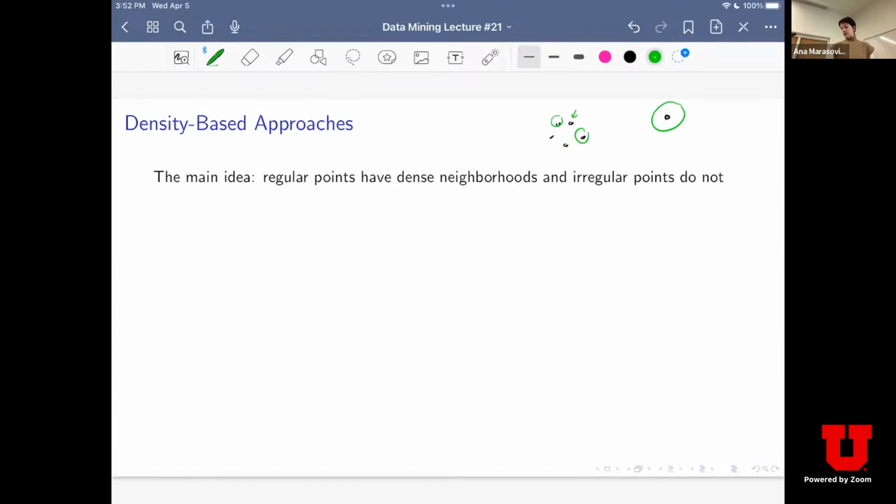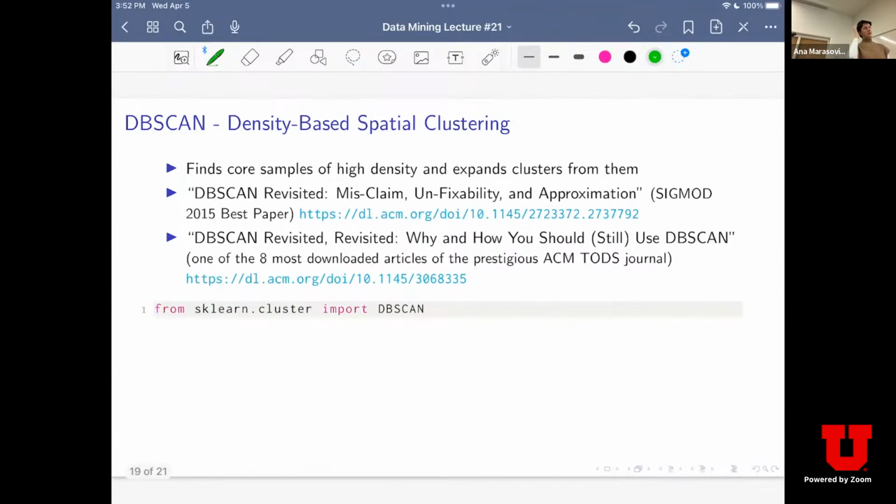In terms of clustering, there is one very prominent algorithm that embraces this idea. It's called DBSCAN, and it stands for density-based spatial clustering. It was introduced, I think, in the 90s, maybe 96, and it has been very influential since then. But in the past years, it has also been scrutinized. So there are these two papers. One of them is DBSCAN Revisited, Misclaim, Unfixability, and Approximation, and it won the Best Paper Award.